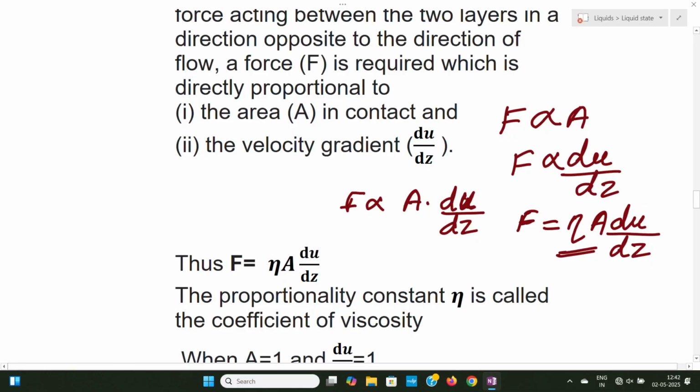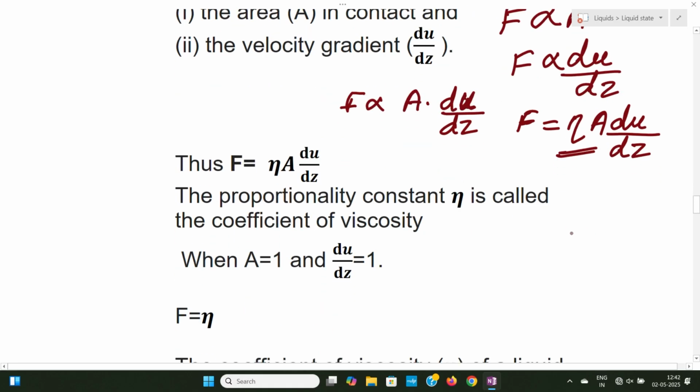That is, F is directly proportional to A into du by dz. Therefore, when we remove the proportionality, F is equal to eta A du by dz. This eta is called the proportionality constant or the coefficient of viscosity.